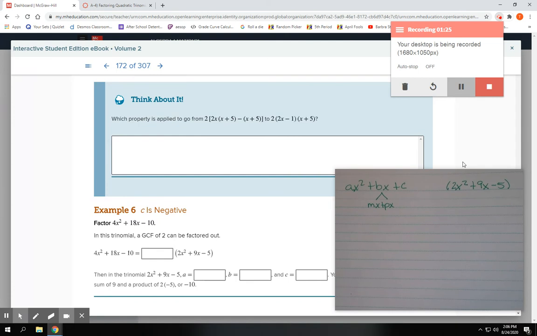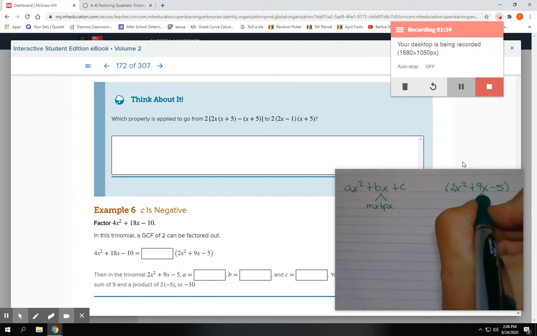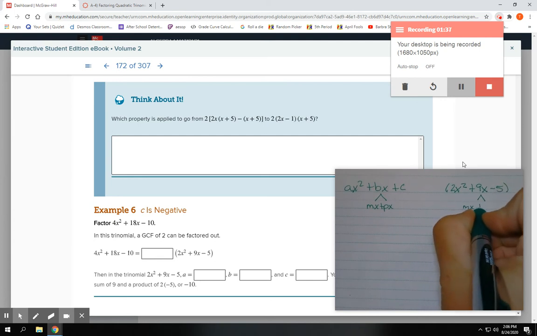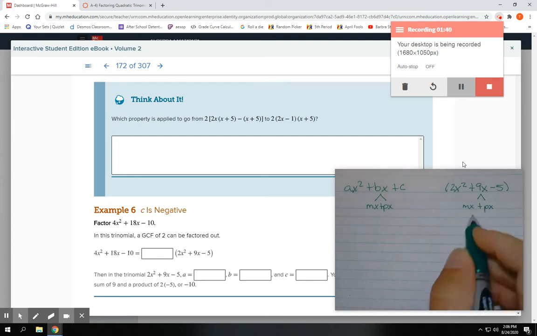Okay, so we're going to start with the example 2x squared plus 9x minus 5. So remember, we're looking to break up 9x into mx plus px so we can work the solution by factor by grouping.